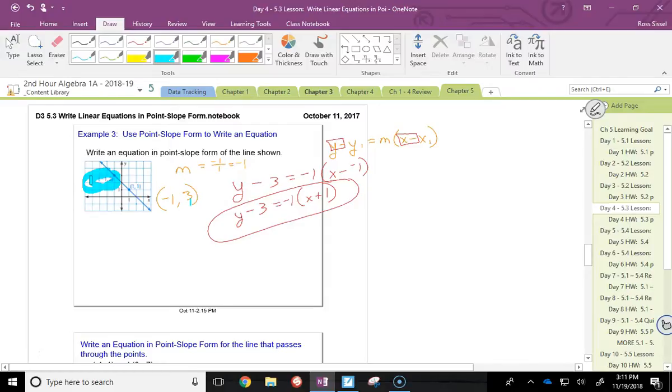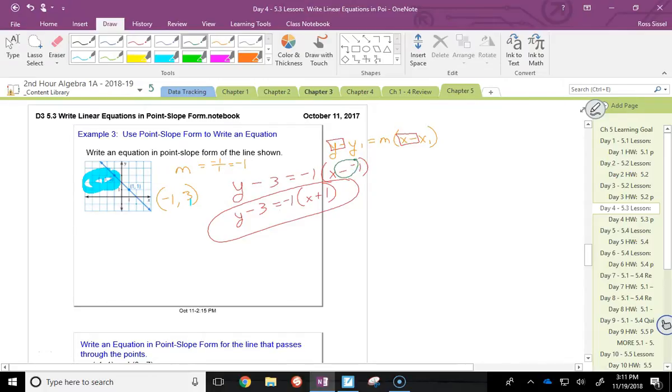So we put in y minus 3 equals, our slope was negative 1 we had found, and then x minus, and our x coordinate was negative 1, so we put in negative 1. When we simplified it all, it became y minus 3 equals negative 1 parentheses x plus 1, because minus a negative became plus 1.